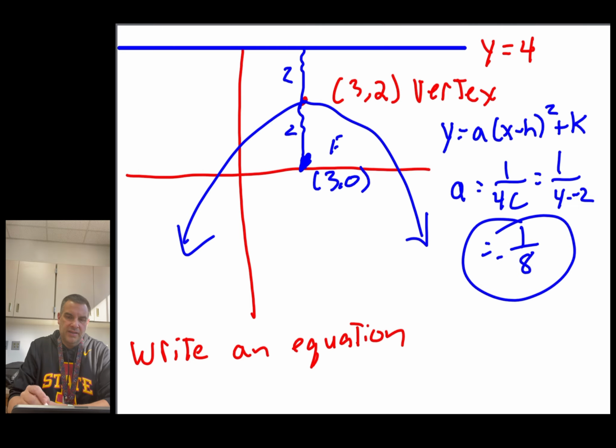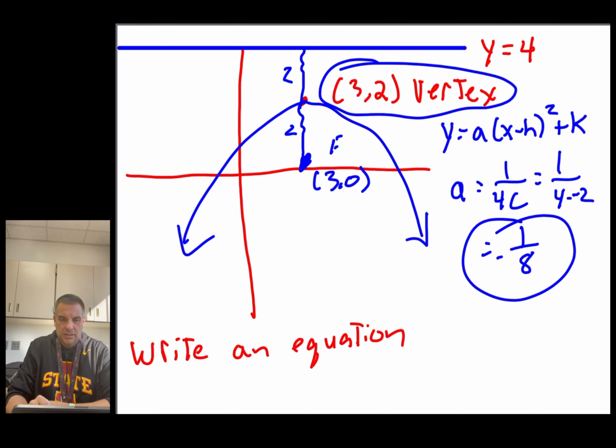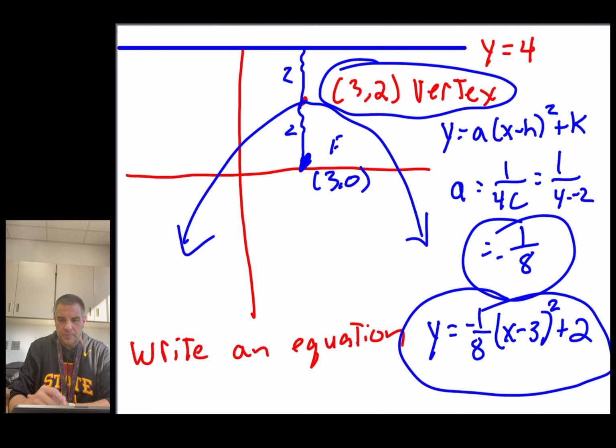So I've got my a value. I've got my vertex. That's all we really need. So we've got y is equal to negative 1/8 times x minus, my h value is 3, so x minus 3 squared, plus my k value, which is 2. And there's your solution. And you're done.